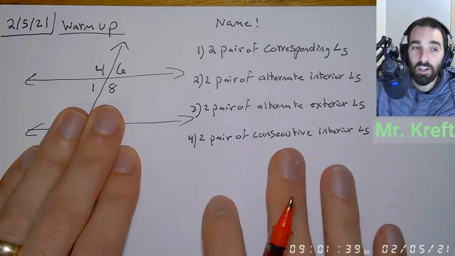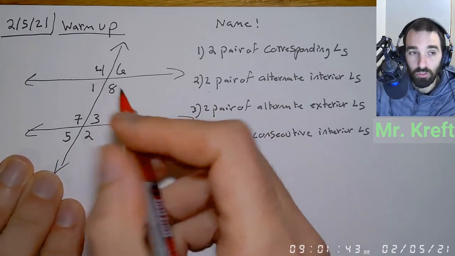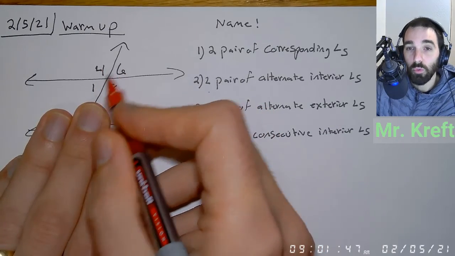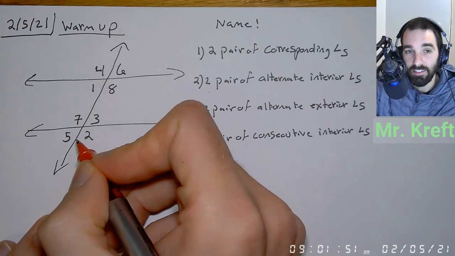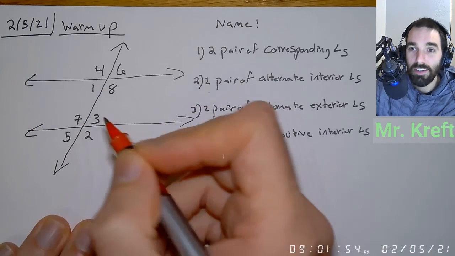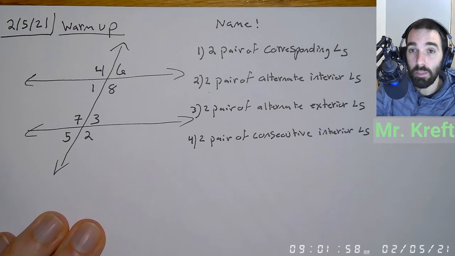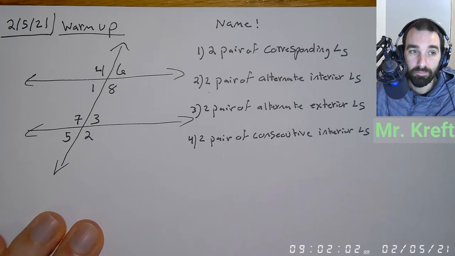What we're focusing on is how we connect these cities. I hope that analogy works. Linear pairs and vertical angles work within your city, and these new ones are going to be things that connect cities. I don't want you to lose that, because we're going to do some proofs and we're going to have to be able to use both connecting cities and within cities.